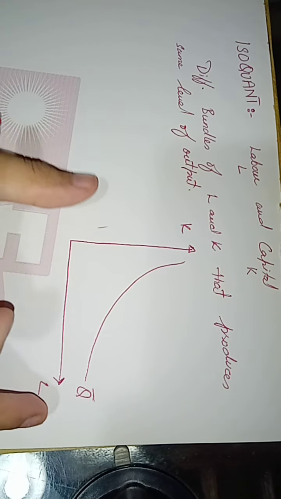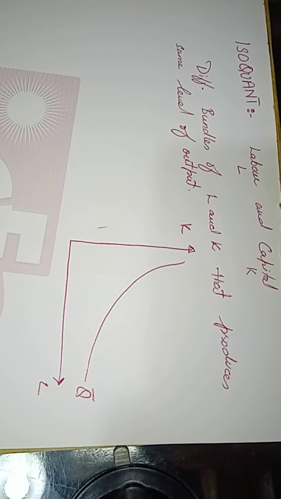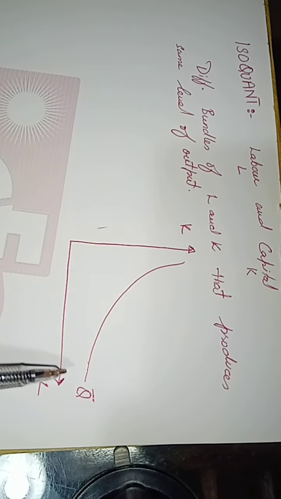Now, seeing some similarity between isoquant and indifference curve, they are similar, but the difference is indifference curve was the measure of utility, whereas isoquant is the measure of output. Indifference curve was different bundles of good X and Y, whereas isoquant is different bundles of labor and capital.